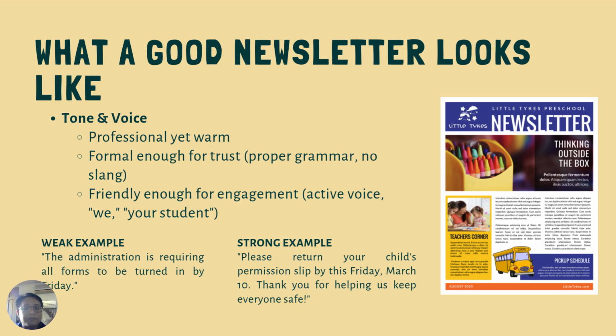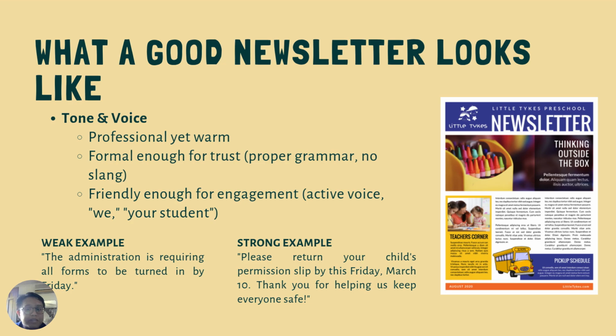So, for example, the administration is requiring all forms to be turned in by Friday. Now, if you read that one, it seems like robots talking, when in fact, you can have a stronger version like this one. Please return your child's permission slip by Friday, March 3rd. Thank you for helping us keep everyone safe.